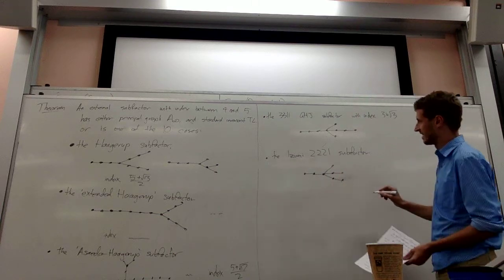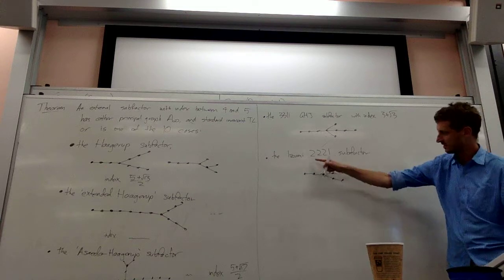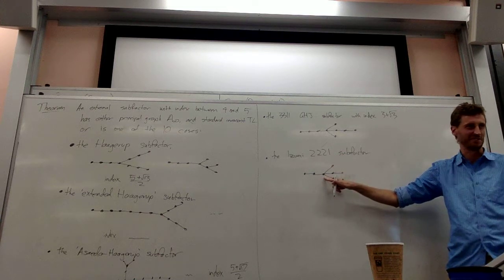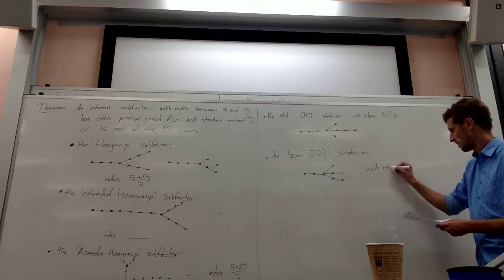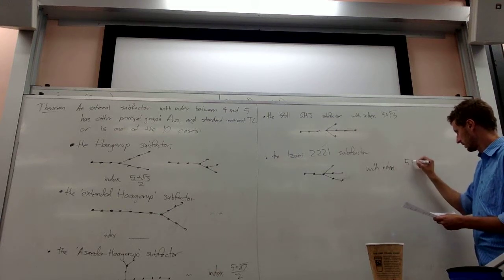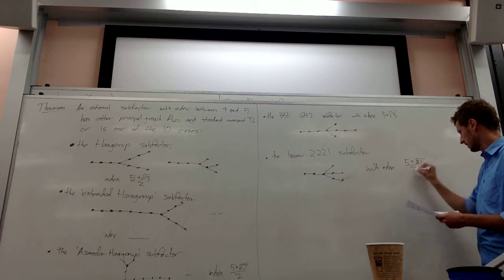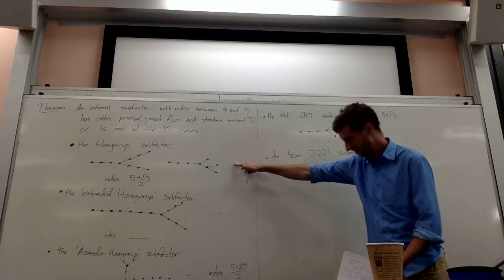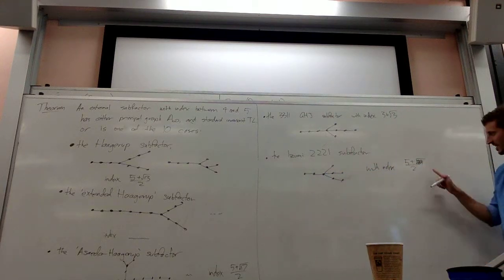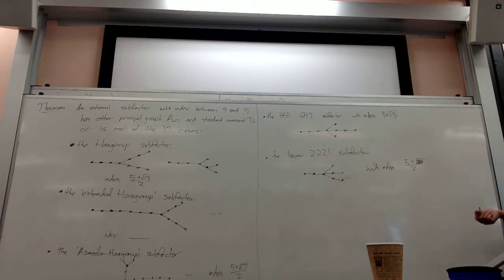These graphs are named extremely unimaginatively. These graphs are trees, and the name is just the length of the branches of the tree. You might wonder if this guy at 5 plus root 13 over 2, this one at 5 plus root 17 over 2, and this one at 5 plus root 21 over 2 sit in some sort of family, and they don't. I think that's just a numerological accident of small numbers in small number fields.